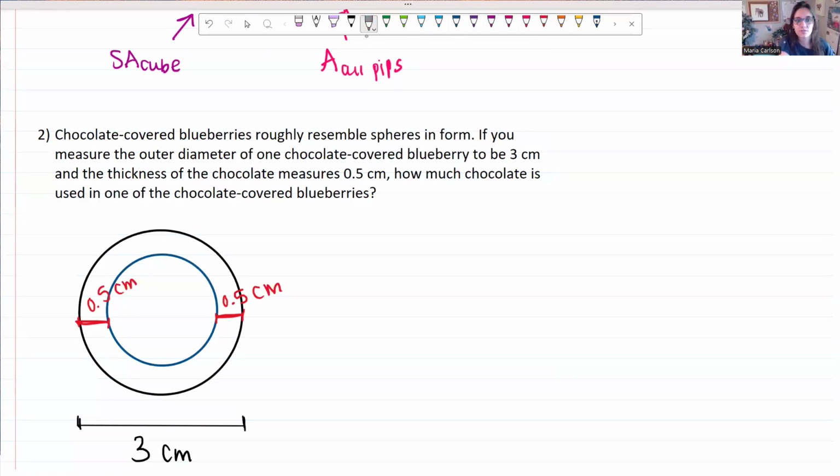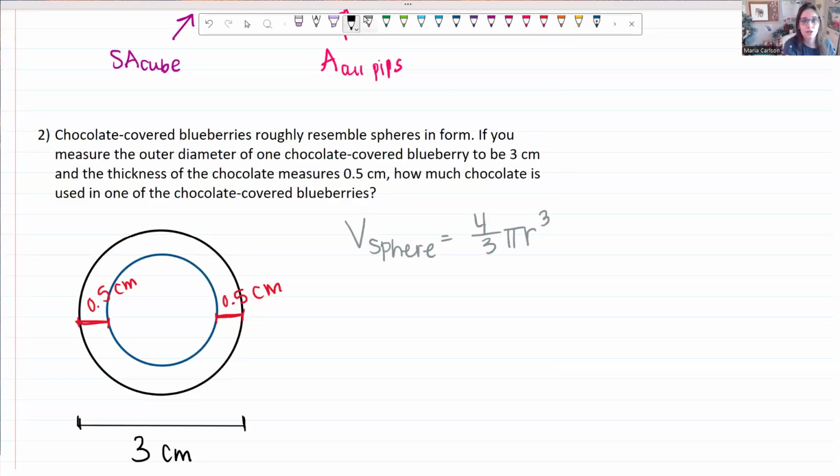So the volume of a sphere is 4/3 pi r cubed. So we're going to actually need the radius, and the radius of the outer chocolate, right? Blueberry, chocolate, and all.